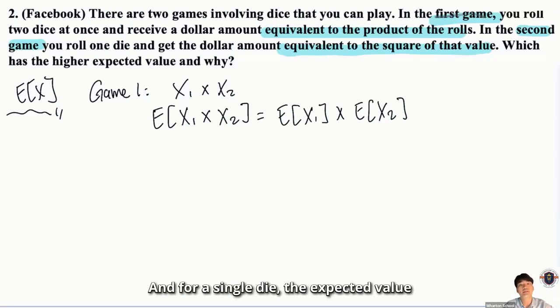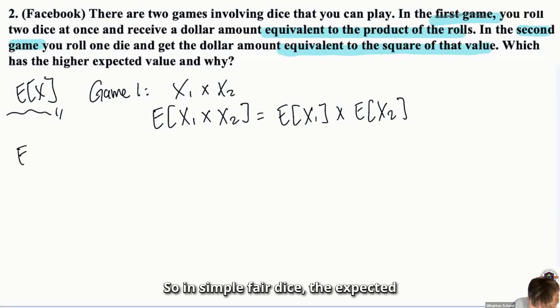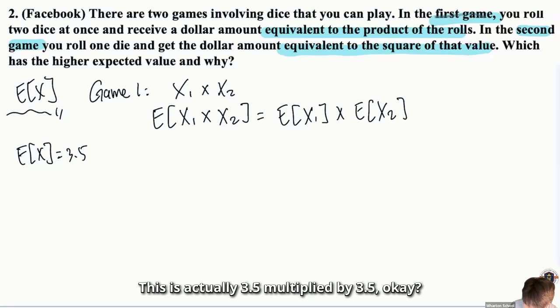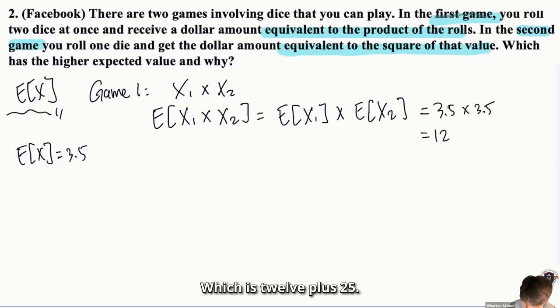For a single die, the expected value is the average of all the possible outcomes. So the expected value of a simple fair die is 3.5. This is actually 3.5 multiplied by 3.5, which is 12.25.